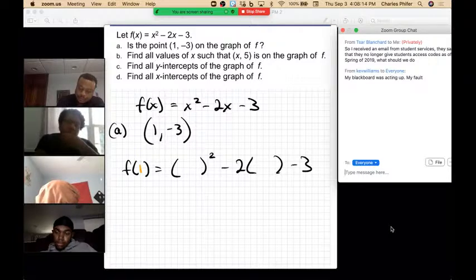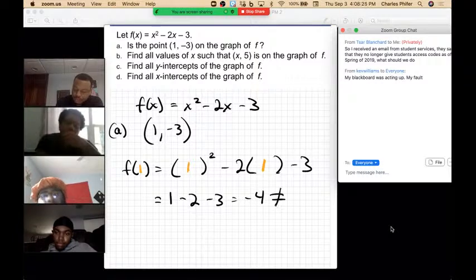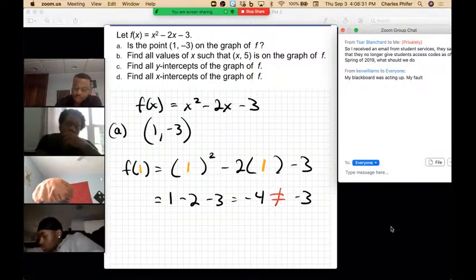Okay? So then if we keep going, that's going to be a 1, that's going to be negative 2, that's going to be negative 3. I think ultimately we get negative 4, which is not negative 3, right? So then that would be a no.